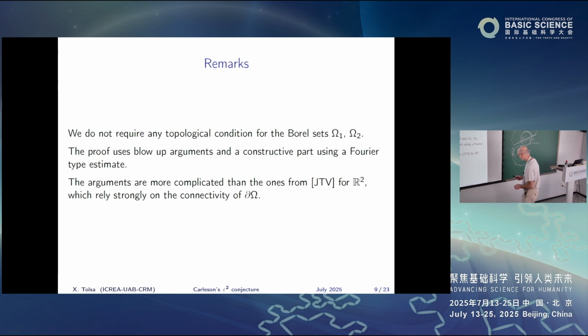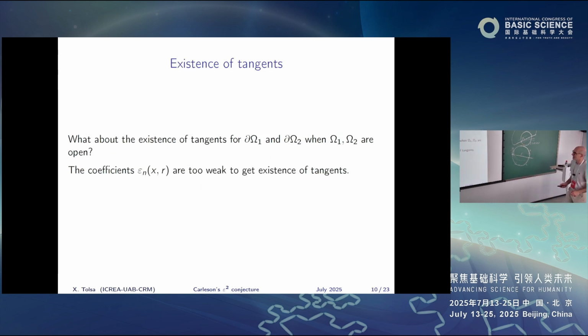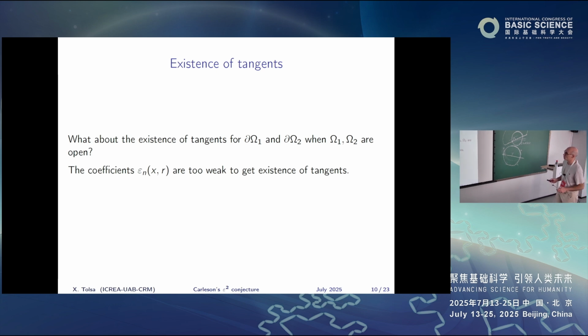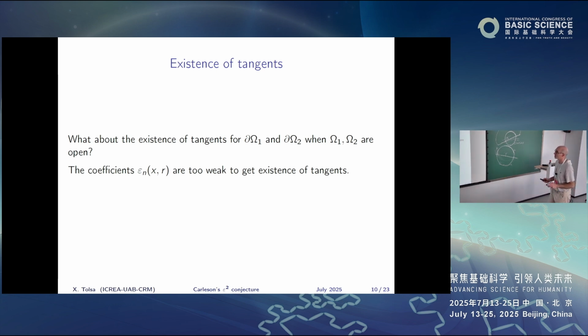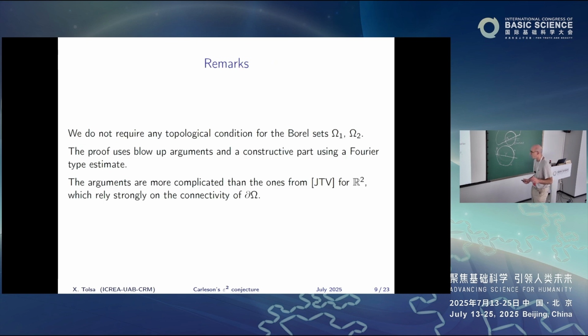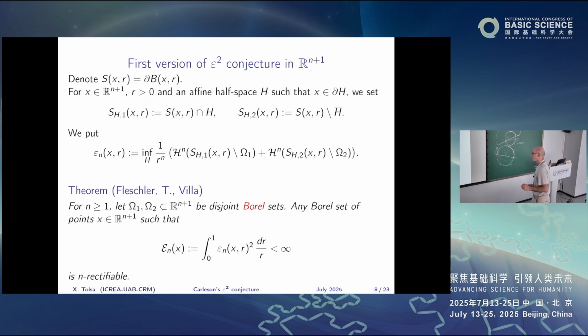But, okay, let's go on. Let's talk about the existence of tangents. By the way, another little remark is that here we have one implication. The finiteness of this square function implies rectifiability, but the opposite is not true.